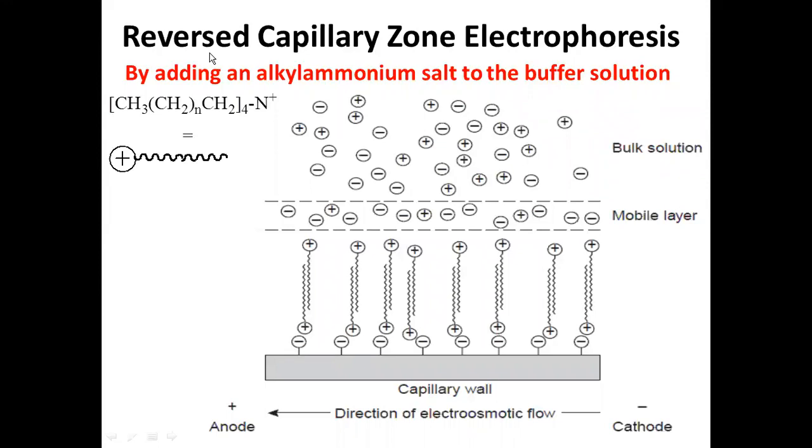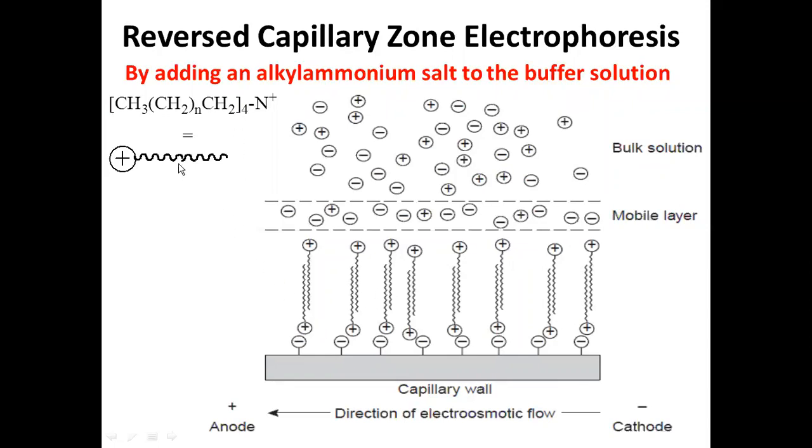So this is called reversed capillary zone electrophoresis. In this technique, anions are eluted first, then the neutral species, then cations. This is done by introducing a large excess of alkyl ammonium salt into the buffer solution.